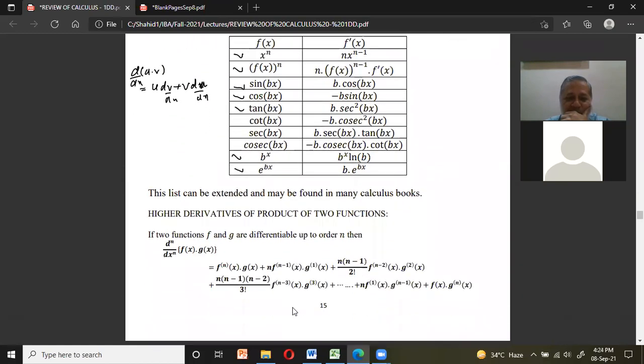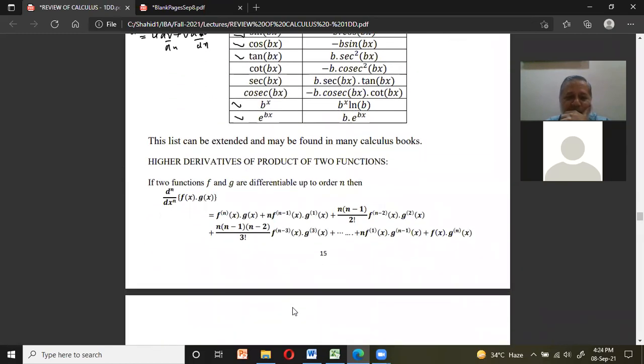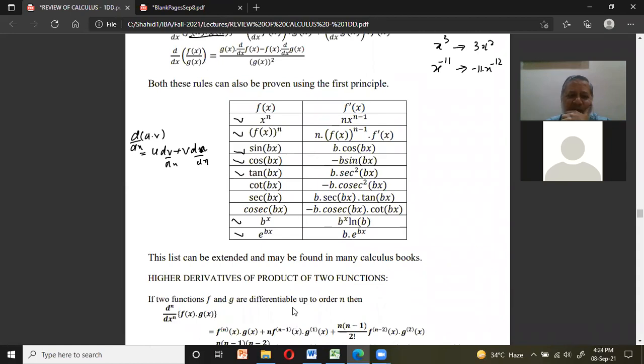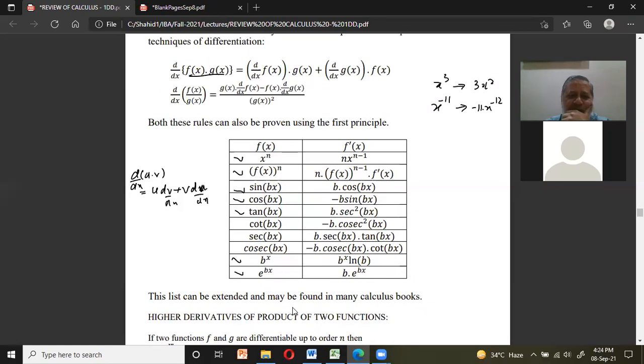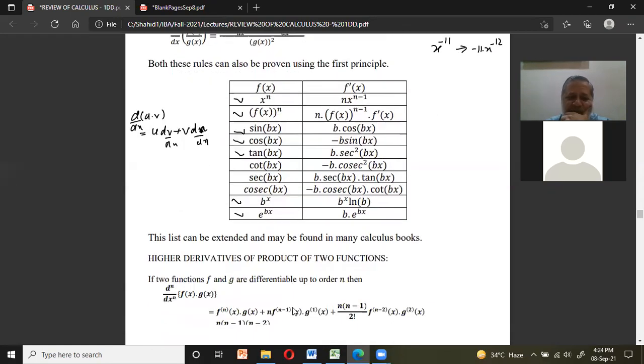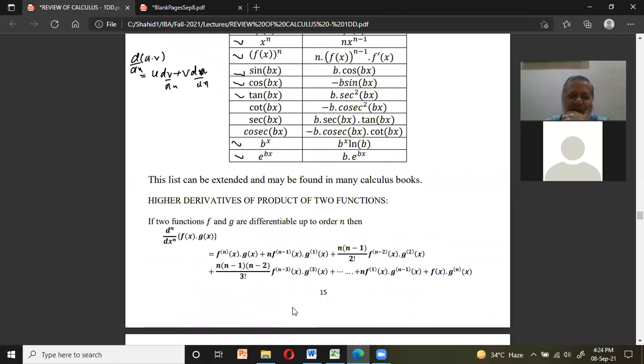We are not going into these proofs, but using this u into v kind of rule, if the first derivative of a product of two functions is known, we can also find the second derivative of the product, third derivative, fourth derivative, or nth derivative, like the 10th derivative, using such formulas. Wherever we require this, we will use this.